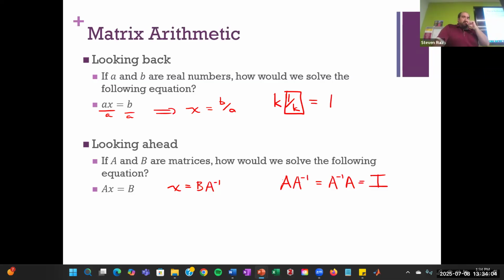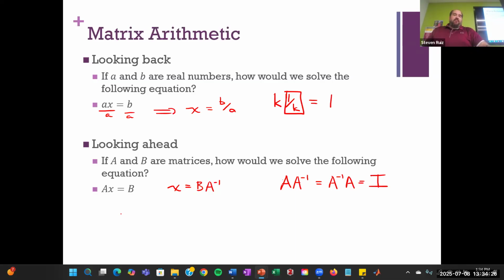Now, I said that I almost agreed with this. One thing to be careful about with multiplying with matrices is that it's really not enough to say multiply both sides by something, because the direction of multiplication matters.